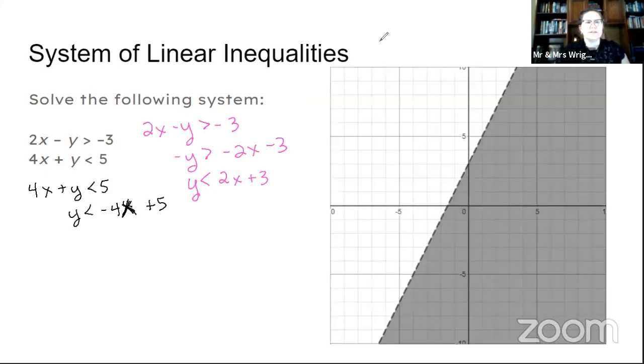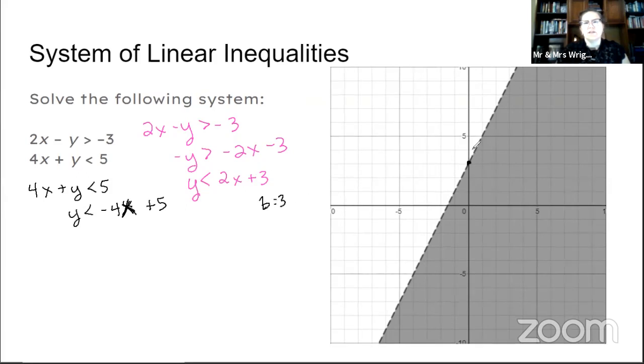All right, here is the first inequality. This is y is less than 2x plus 3. If you notice, we cross the y-axis. Our b is 3. So we cross the y-axis right there at 3. Our slope is a positive 2 over 1.